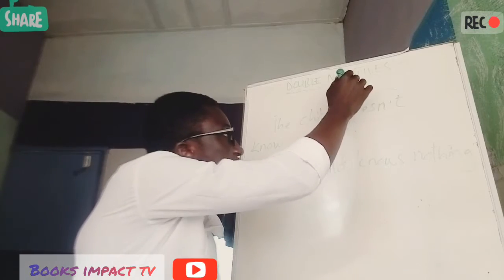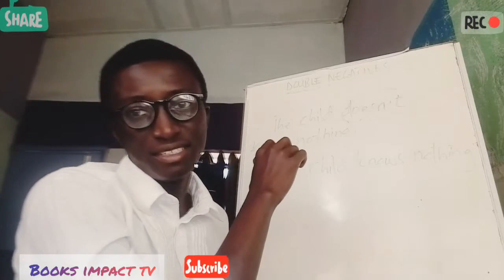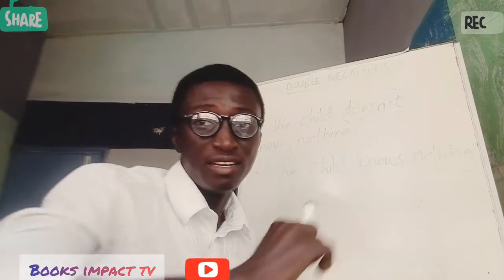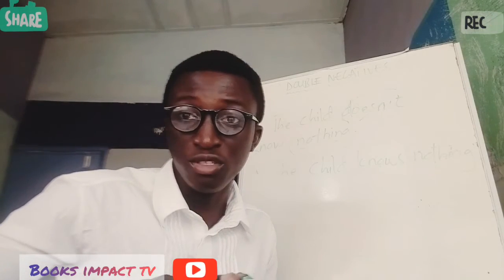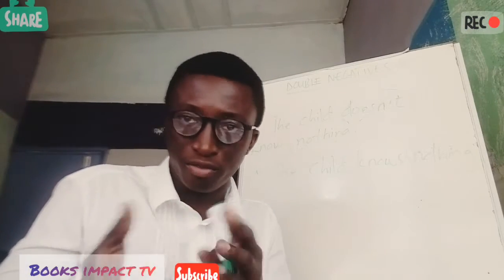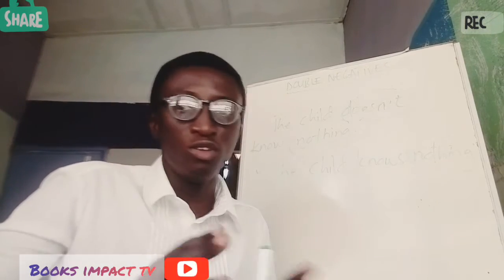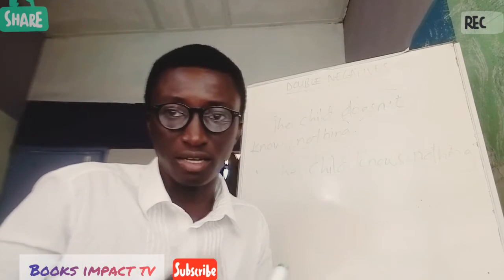We have eliminated "doesn't" and maintained "nothing". So when you use double negatives, what you have to do is eliminate either one of the negatives that you've written in your sentence, and when you do that, it gives you a correct sentence.